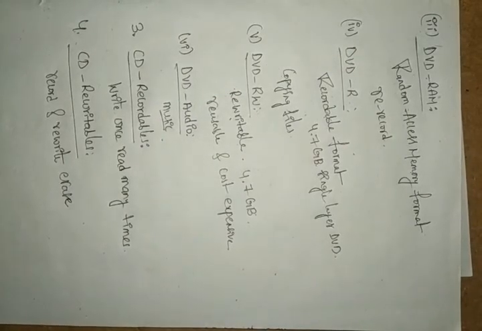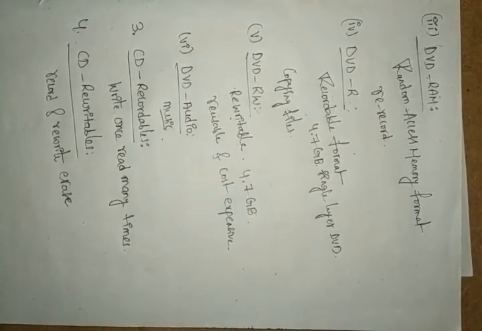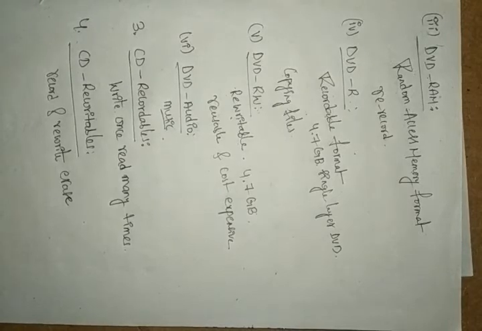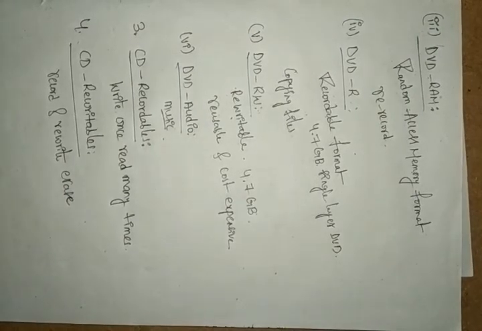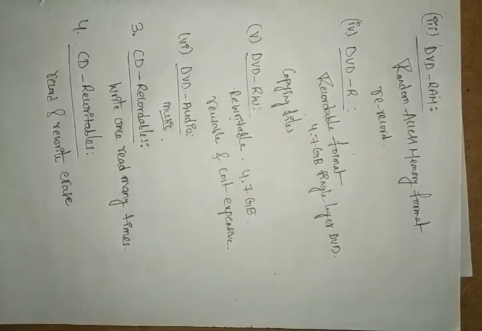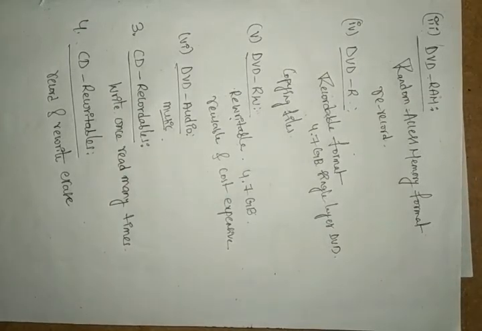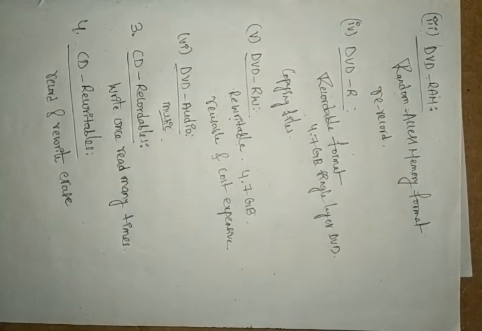Next, the optical disc lifetime is mostly more than 30 years. Data can be stored on CD-ROMs, and ROMs are also possible.